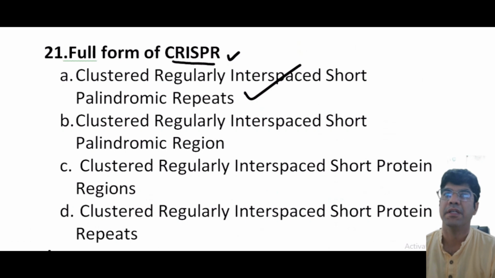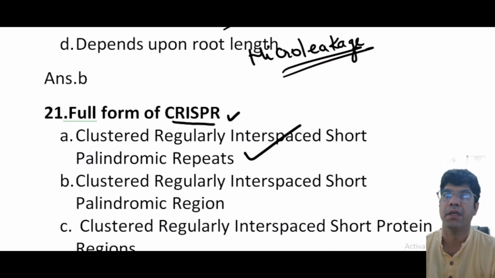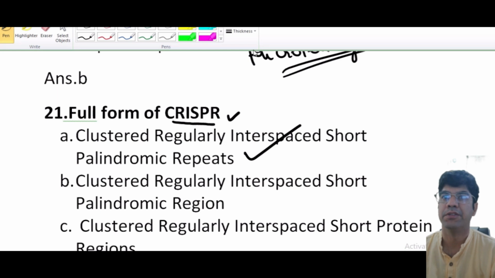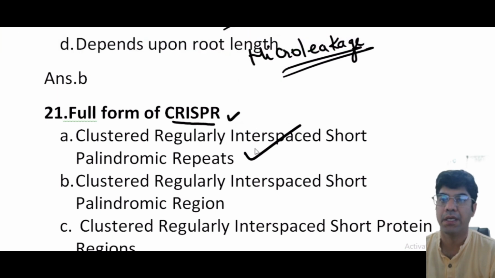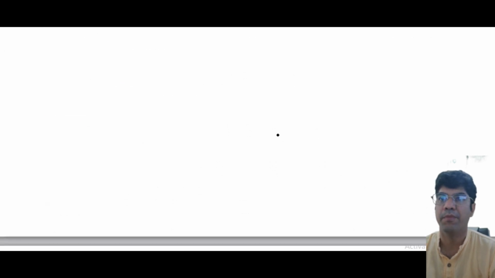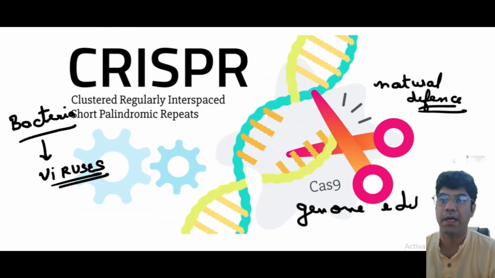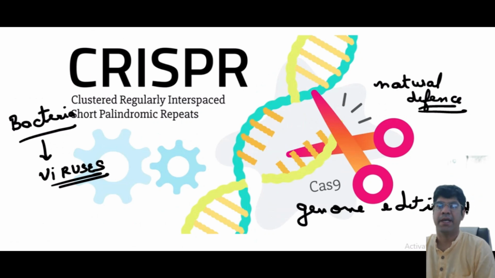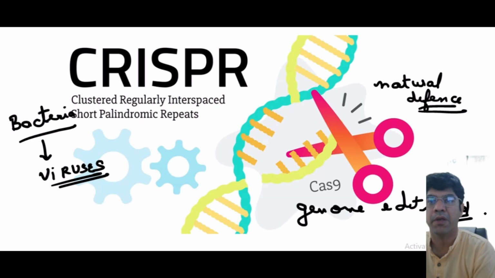So the next question is what is the full form of CRISPR? Well, it stands for clustered regularly interspaced short palindromic repeats. So the answer is A. Now remember that it is a genome editing tool that has transformed the field of molecular biology.